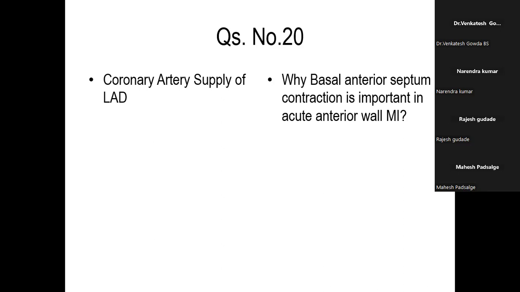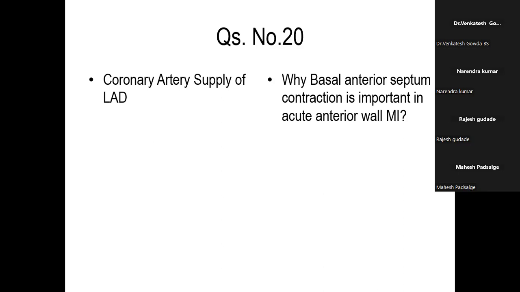Yeah, go ahead. Sir, in apical four chamber view, apex and apical septum are supplied by LAD, and apical lateral, mid anterolateral and basal anterolateral by LAD or LCX. And in two chamber view, apex, apical inferior, and the apical anterior, mid anterior and basal anterior are supplied by LAD.